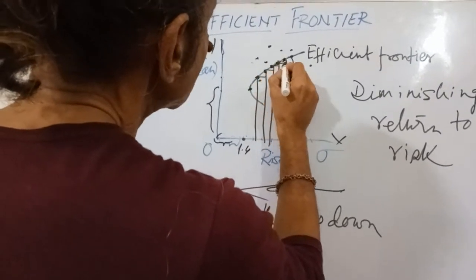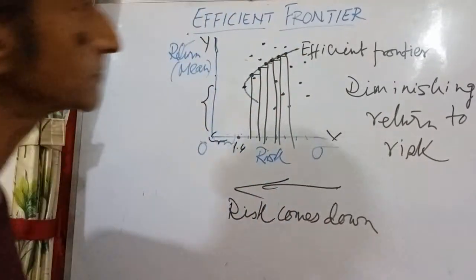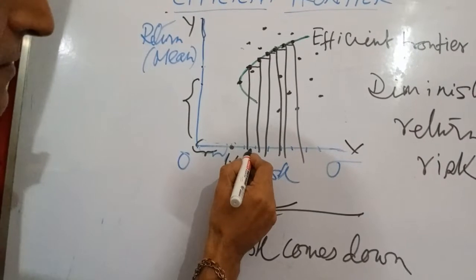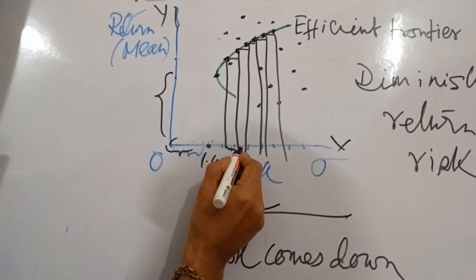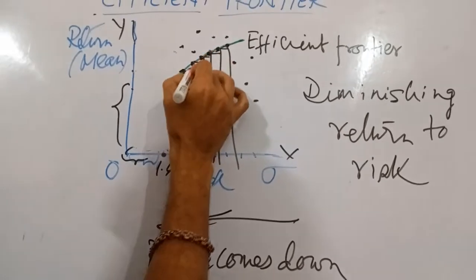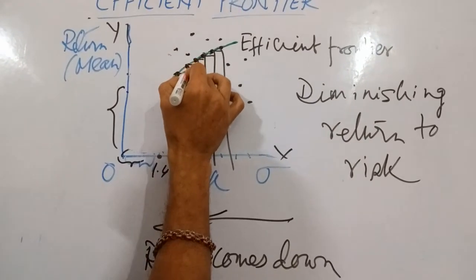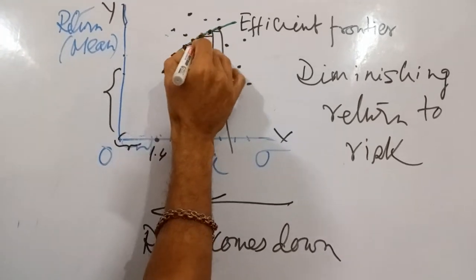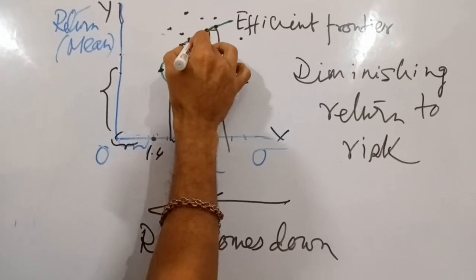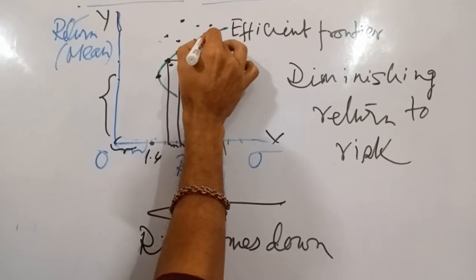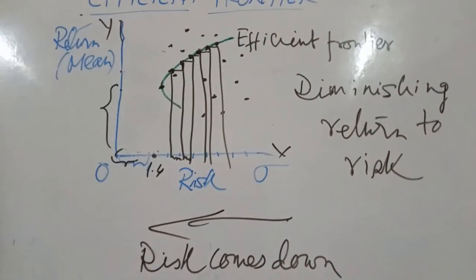You see, for per unit of additional risk, his return is falling.